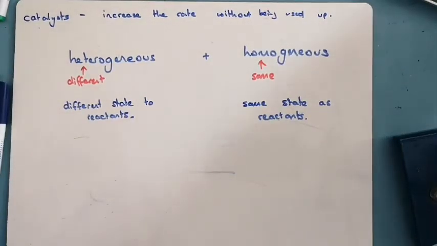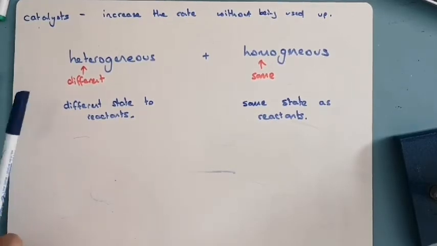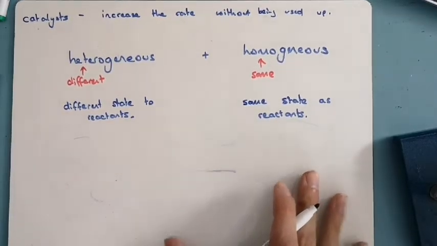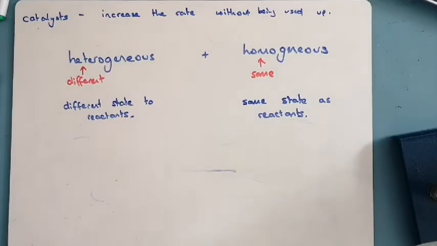Then catalysts are really, really important, because if you've got a reaction that you're doing 365 days a year, producing vast amounts, and you have to put energy in order to get this reaction to occur, if you can find a way to do the reaction that reduces the amount of energy required, that's going to save you lots and lots of money.